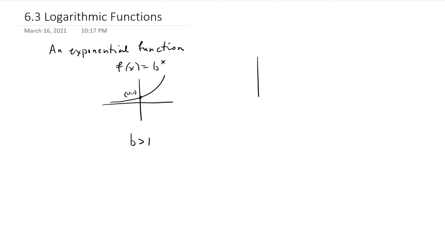And then the other case is where b is between 1 and 0. In that case, it's a decreasing function, but again going through 0, 1. But what's interesting to notice is that this function satisfies the horizontal line test. So if I draw a horizontal line, it's going to intersect the graph in only one point all the time.